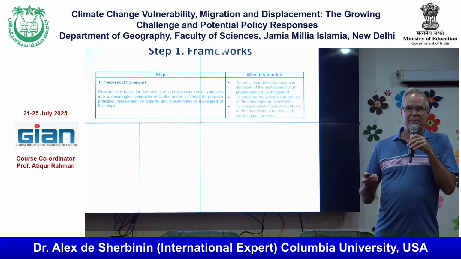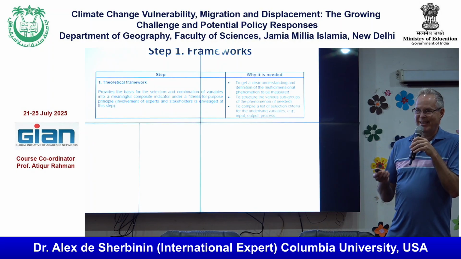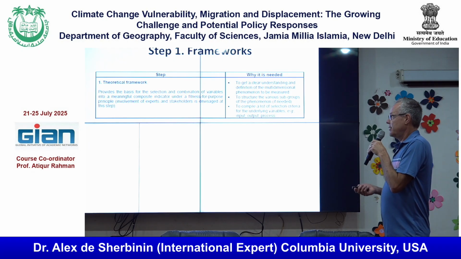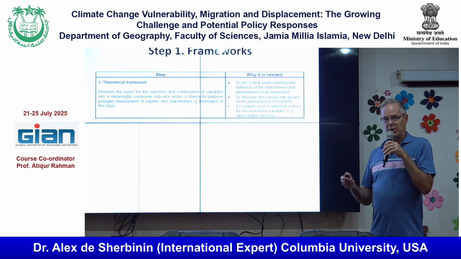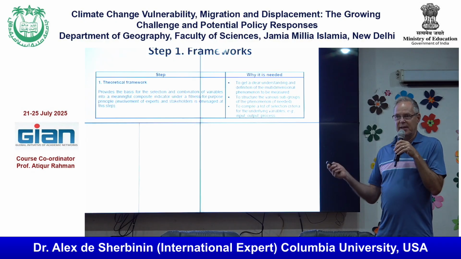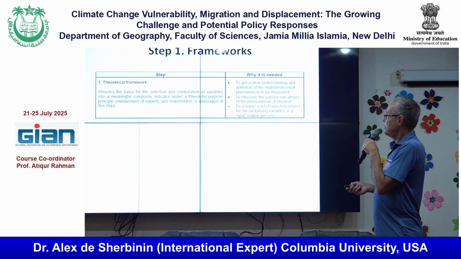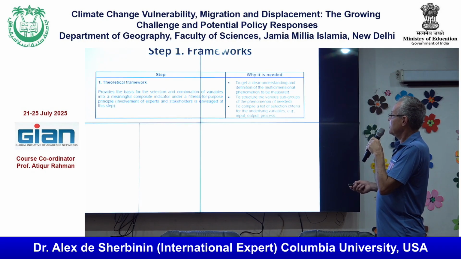One is the original IPCC AR4 framing, and the second is the IPCC AR5 framing of risk. And so this would be largely, for the most part, what we would use in this context for vulnerability mapping, but you could choose another framework if you wanted to, and I'll show you what I mean by frameworks.